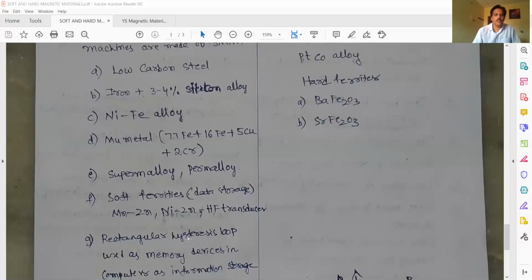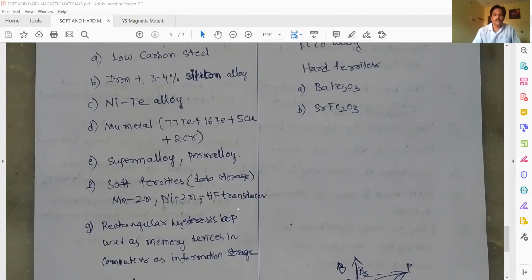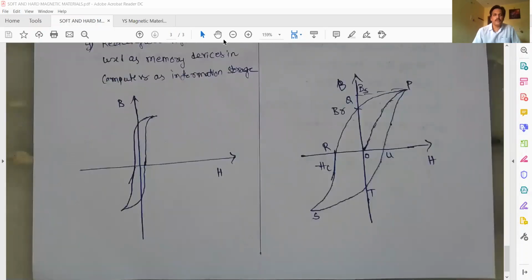Rectangular hysteresis loop for memory storage devices in information. See, this is the loop area for soft magnetic materials. This is the loop area for hard magnetic materials. See here, retentivity is very high and coercivity is also high. For hard magnetic materials, these values are very, very high.